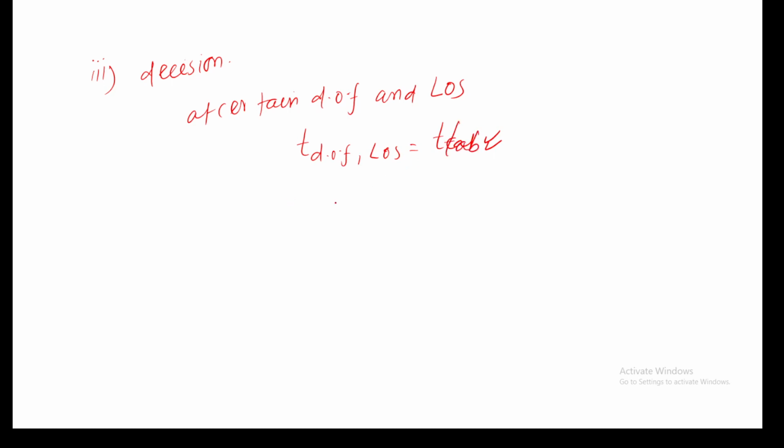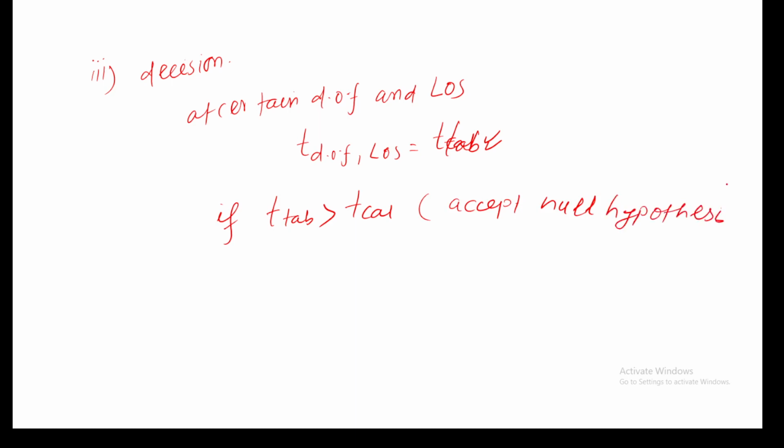Now, if T tabulated is greater than T calculated, we accept the null hypothesis. And if T calculated is greater than T tabulated, we reject the null hypothesis.